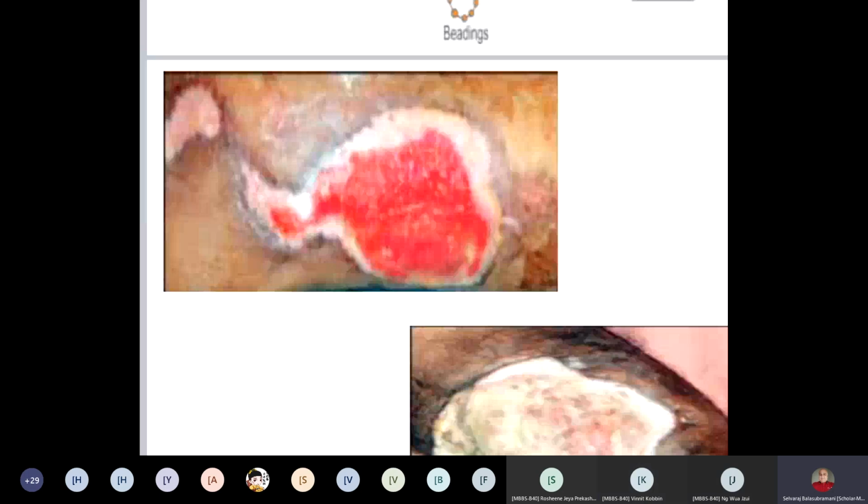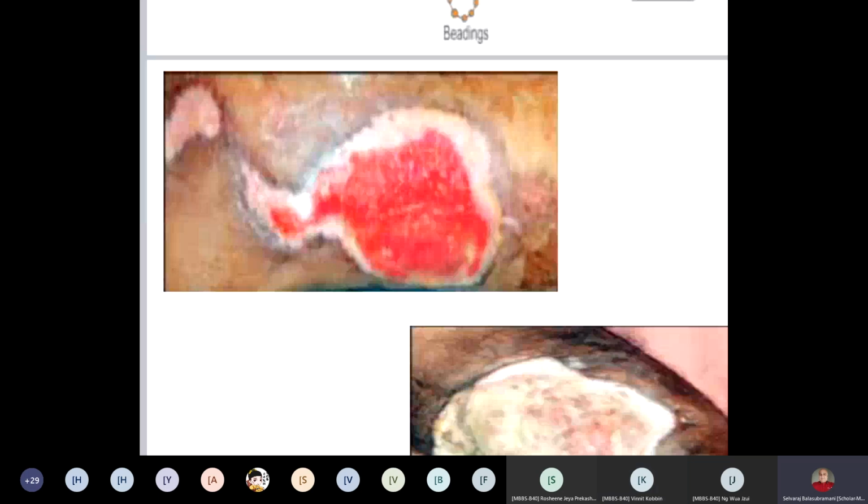If you carefully see, you can see 3 colors. At the center, you can see the pink color. At the periphery, the outermost layer, you can see the white color. In between the white color and the pink color, it is not seen very well, but you can see a bluish tinge where there is growing epithelium.